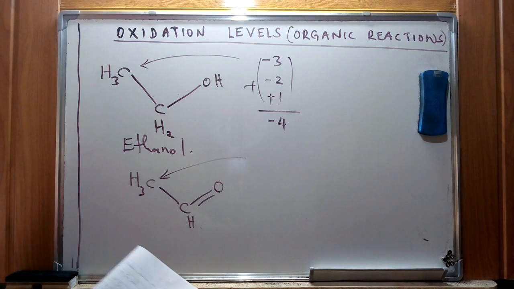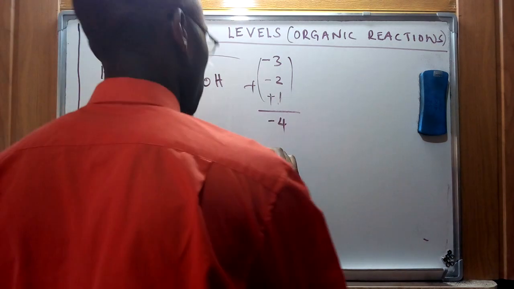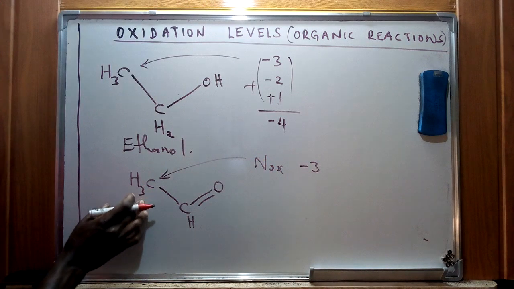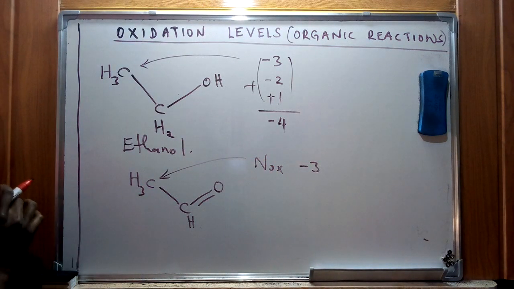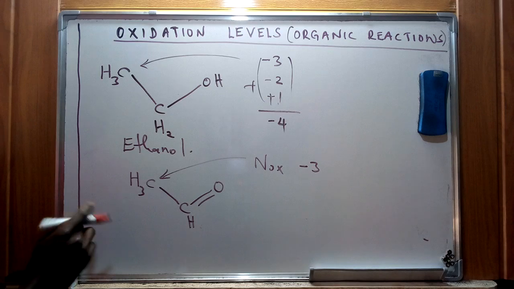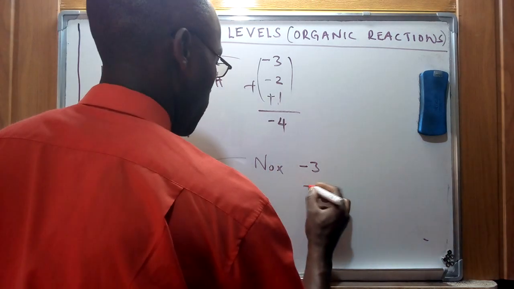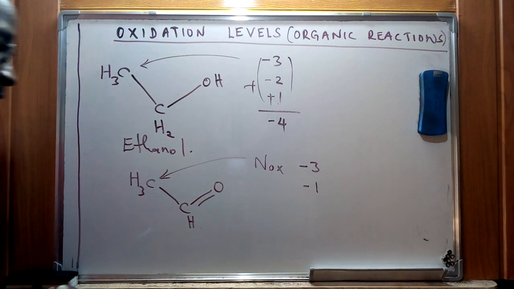The oxidation number for the first one, which is a methyl group, is going to be -3, since it has 3 hydrogens attached to it, and we said that 1 hydrogen is assigned a charge of -1. For the second one, we're going to have a -1 due to the hydrogen attached to it.